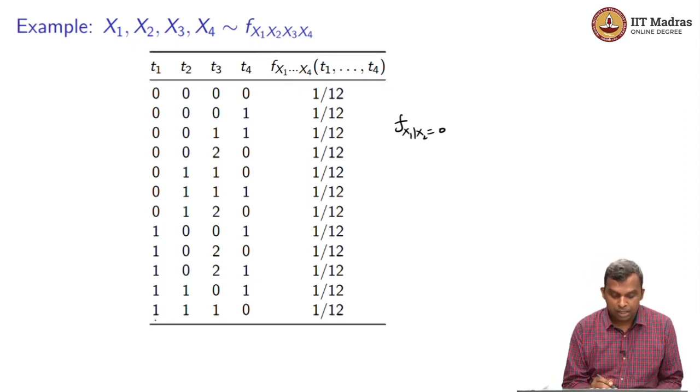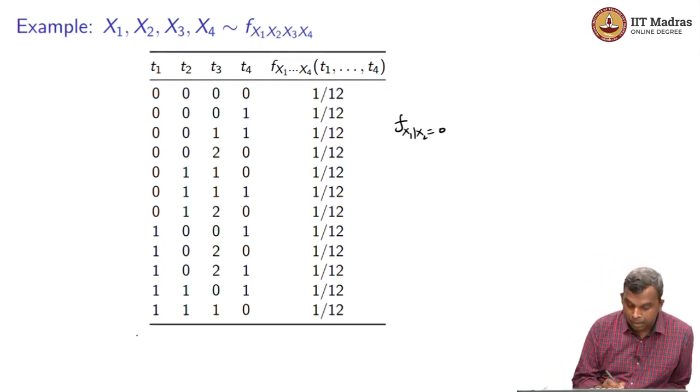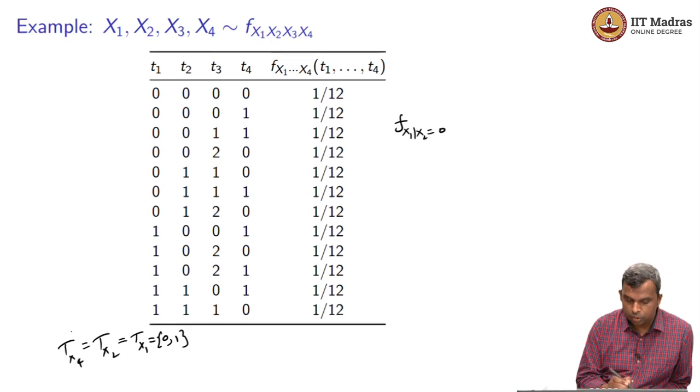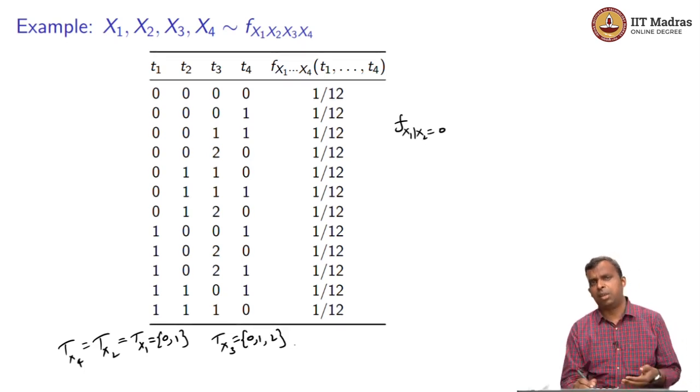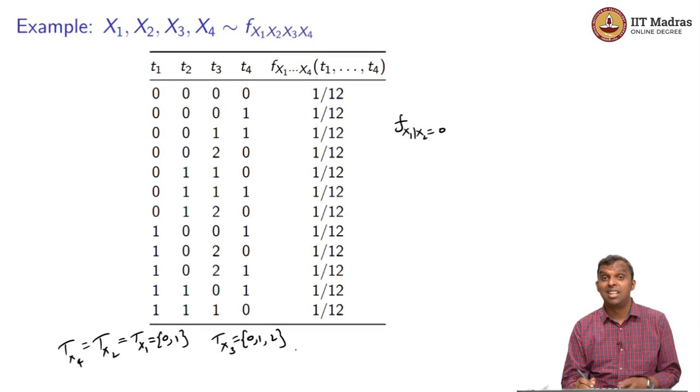I've identified here that the range of x1 is 0, 1, and this is also the range of x2, and also of x4. So three of them have the same range, and the range of x3 is 0, 1, 2. Always start, whenever you have a random variable problem, with the range. Range is easy to write down, so let's write that down first.